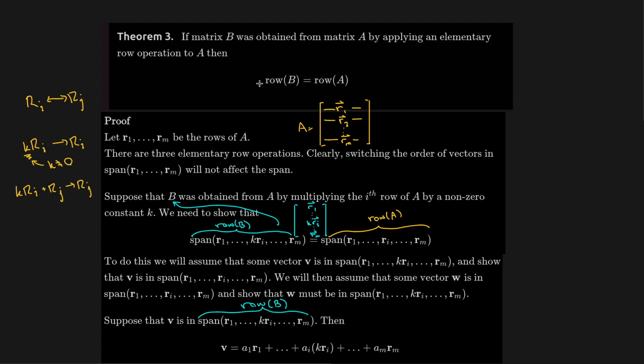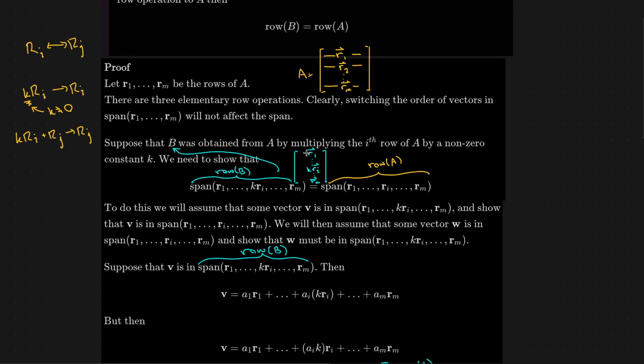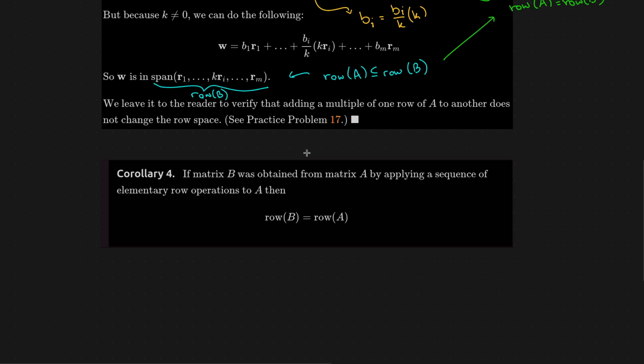If I apply another row operation to get another matrix C, well, the row space of matrix C should be equal to the row space of matrix A. So it's not going to hold for just one elementary row operation, but any number of elementary row operations. So if I obtain matrix B from matrix A by applying potentially multiple elementary row operations, then the row spaces of the two matrices will be the same.